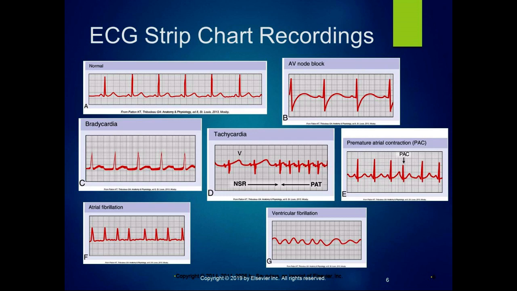Bradycardia looks just like the good one, but it's slower, sorry. Tachycardia, it's faster. Premature atrial contraction, and then we looked at the one with the premature ventricular contraction in the other slide. Atrial fibrillation, you just get all that atrial stuff going, and ventricular fibrillation looks very disorganized.